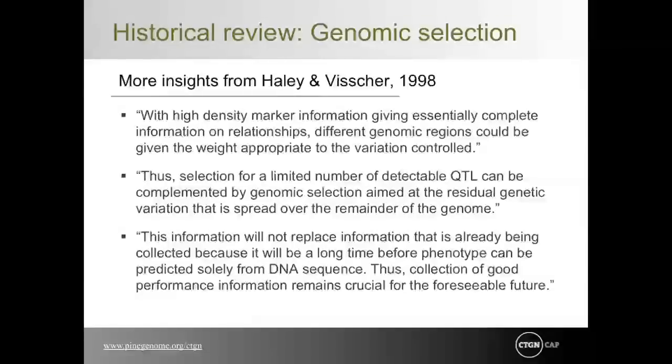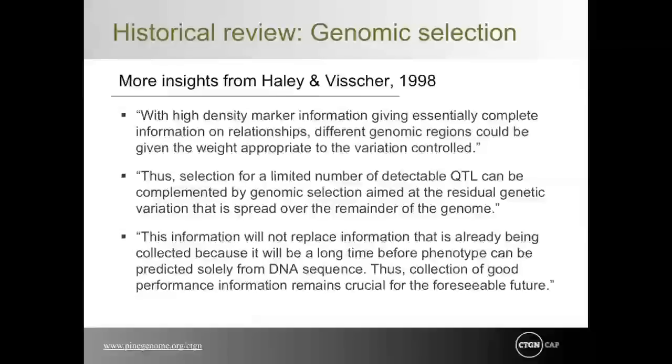Another insight of the authors was that high-density marker genotypes could account for the many loci with effects too small to reach statistical significance, which nevertheless do contribute to the genetic control of traits of commercial interest. This is a point of divergence from methods developed primarily to identify genes that underlie phenotypic variation, because it means that testing the statistical significance of an association between a marker and a trait is not a concern for genomic selection.